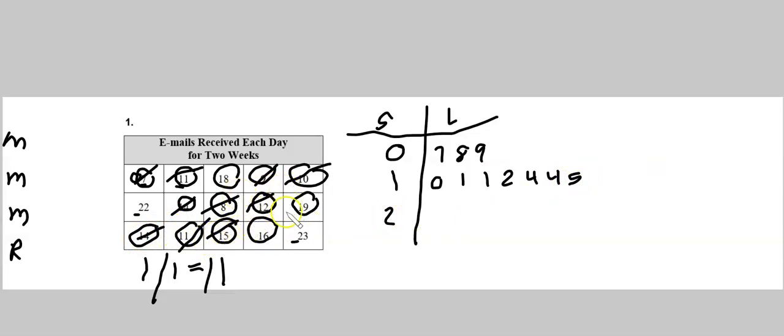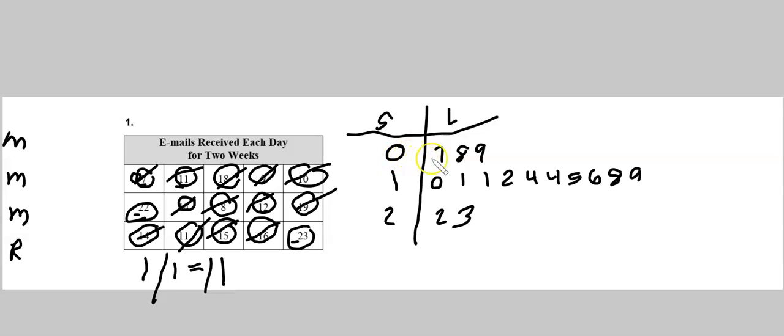I have 18, 19, and 16, so the next one we're going to go is 16, so I'm going to put a leaf of 6. And then 18, so a leaf of 8. And 19, so a leaf of 9. And then the next one I'm going to go to is 22 and 23. So I'm going to do a leaf of 2 and a leaf of 3.